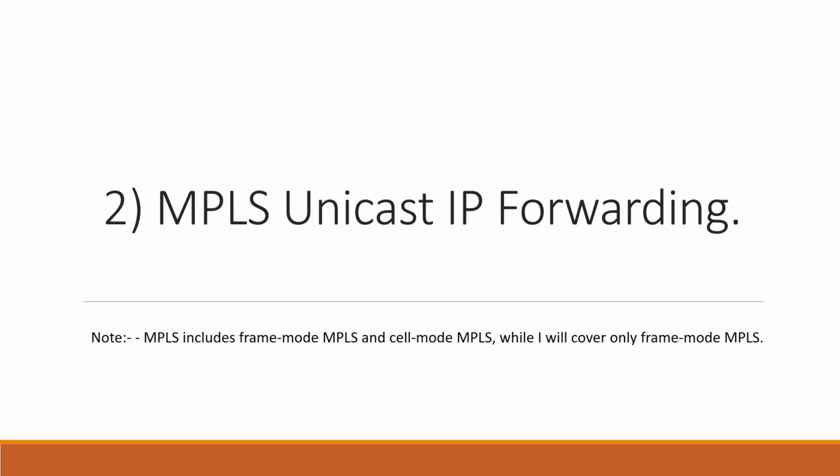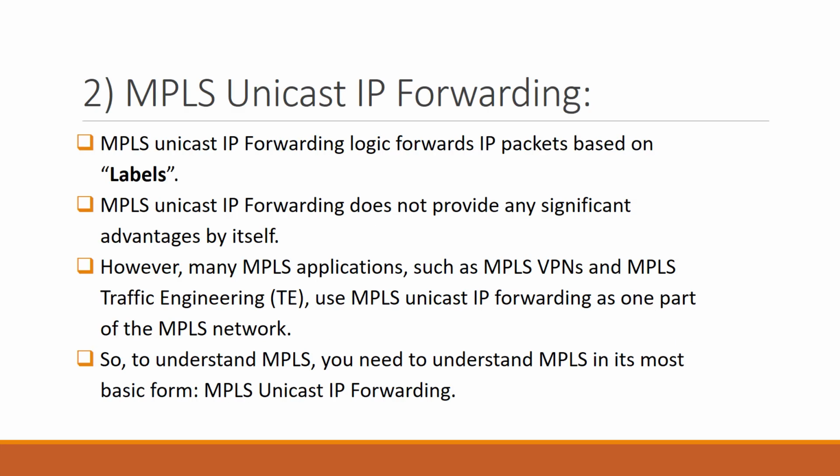And as a note, MPLS includes 2 modes of MPLS: frame mode MPLS and cell mode MPLS. And in this video, I'm going to discuss only frame mode MPLS. So let's start discussing MPLS Unicast IP forwarding.